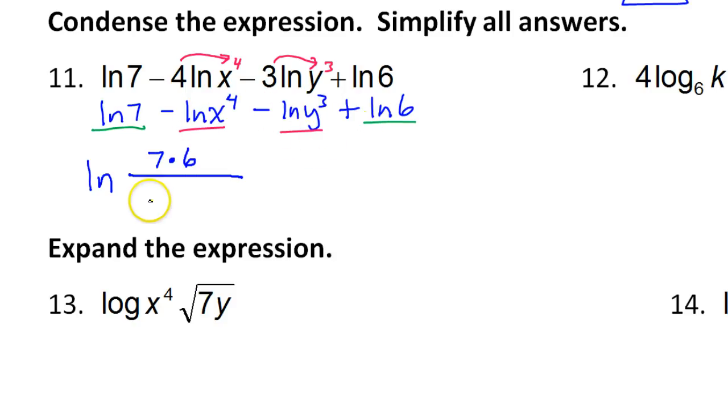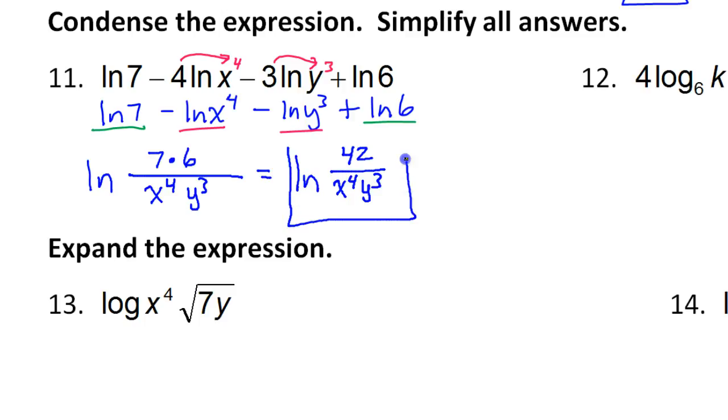In the denominator, I've got x to the 4th, y to the 3rd. Now, if these were variables, I'd be done. But since I can do 7 times 6, let's go ahead and do it. So this will be 42 over x to the 4th, y to the 3rd. That's it for number 11.